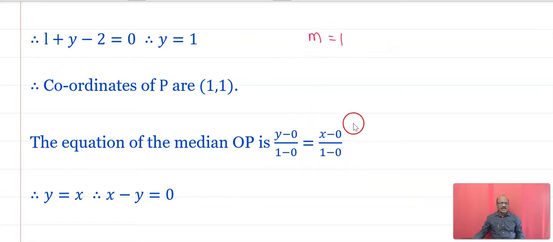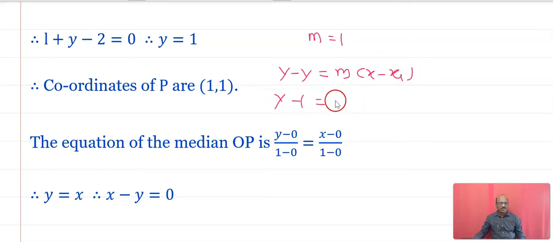Here you could apply the two-point form of the equation of the line, but you can apply a very simple way. The slope of the line is 1. One point we know on that line is 1, 1. Then by using the slope point form, that is y minus y1 is equal to m in bracket x minus x1, and substituting the values, y minus 1 is equal to 1 in bracket x minus 1.